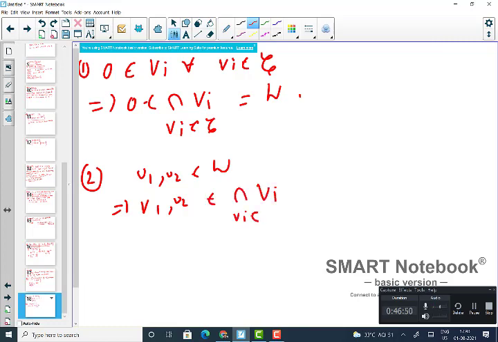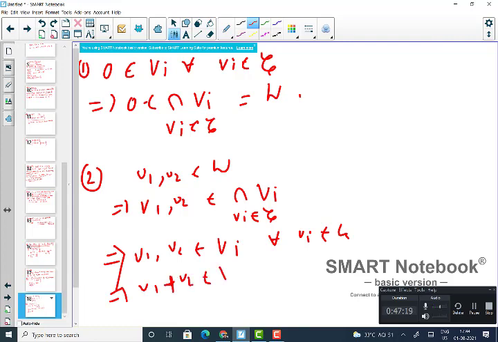So that means each of them belongs to each of those Vi's, for all Vi in this collection C. Now Vi is a subspace, and we know that if Vi is a subspace, then the sum v1 plus v2 is also an element of Vi, and that is for all Vi in C, and done.